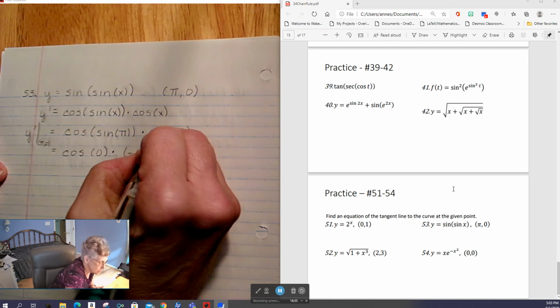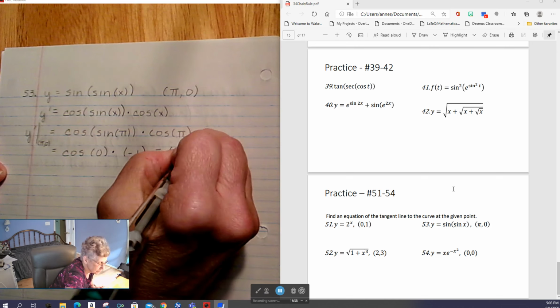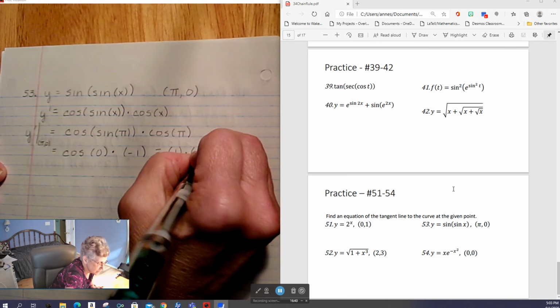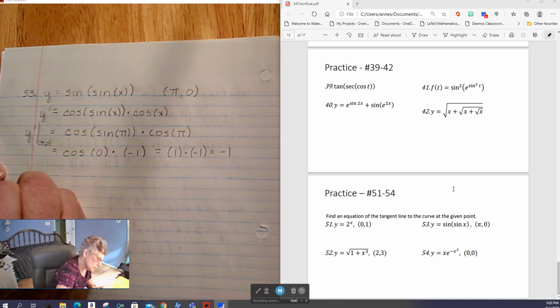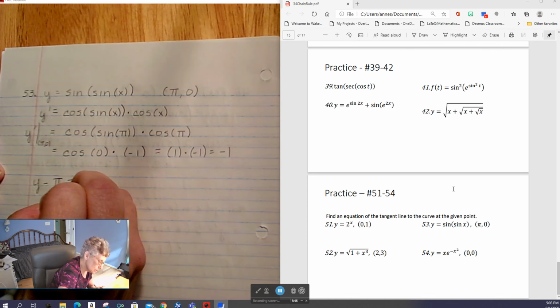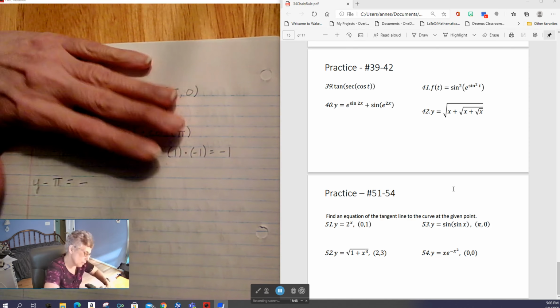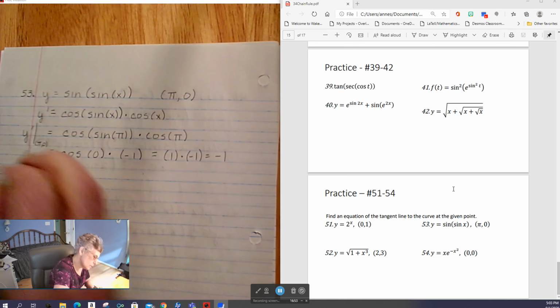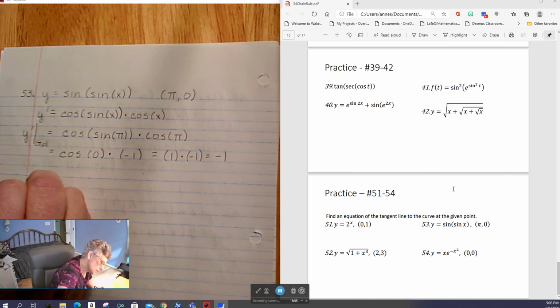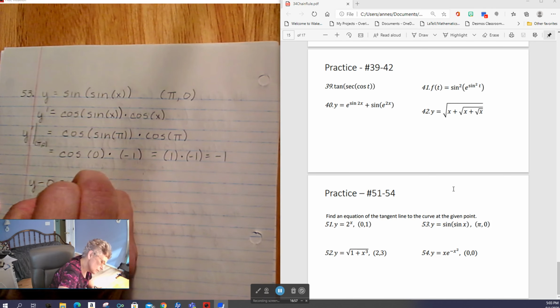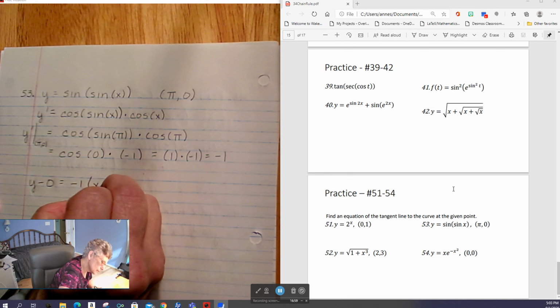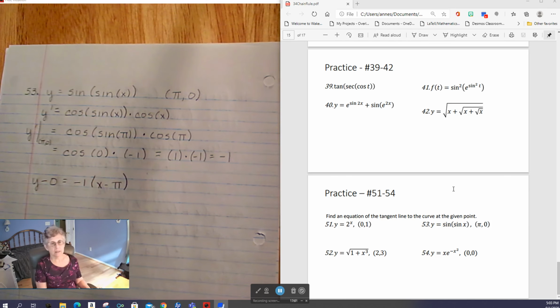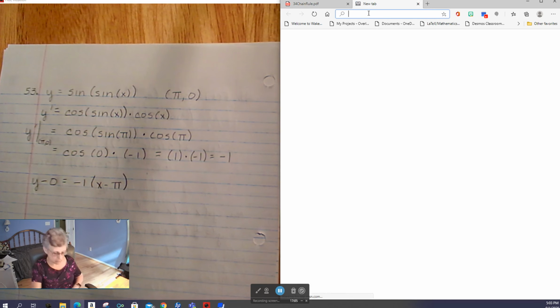Cosine of 0 is 1. Cosine of pi was negative 1. So y minus my y coordinate is equal to slope, and my y coordinate is 0. I wrote down the x coordinate. y minus 0 is equal to negative 1 times x minus pi. Let's Desmos this bad boy and see what it looks like.